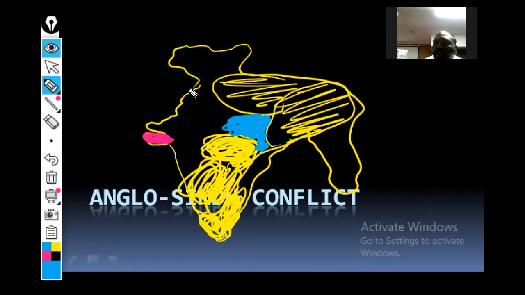Then Treaty of Surji Arjangan. What area they got? This area they get, that is the Ganga and Yamuna Doab region. Yes or no? Then Treaty of Rajpur Ghat. They get the Chambal Valley, Bundelkhand region. Chambal is here, Bundelkhand. Yes or no? And all these regions they get.